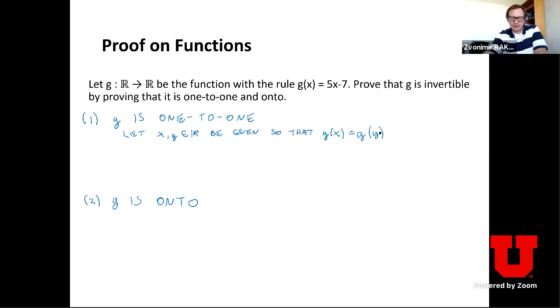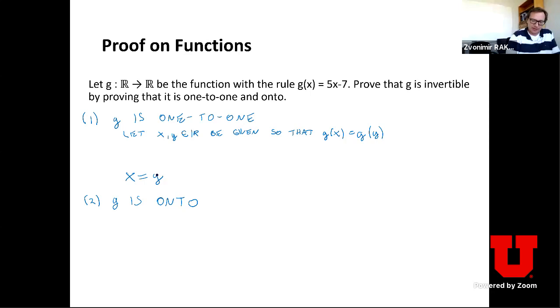This is not coming out of nowhere. This is how a one-to-one proof always starts. So we assume that we have x and y such that g of x is equal to g of y. And then from there, using the definition of the function and so on, we have to prove that x is equal to y. And this is usually relatively straightforward.